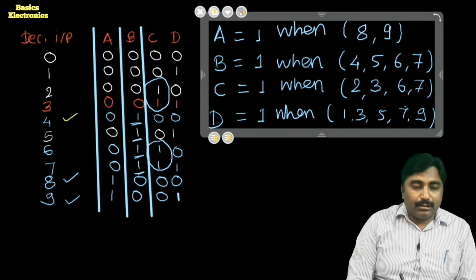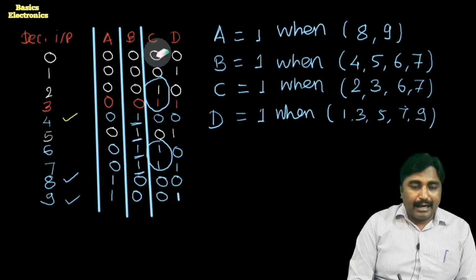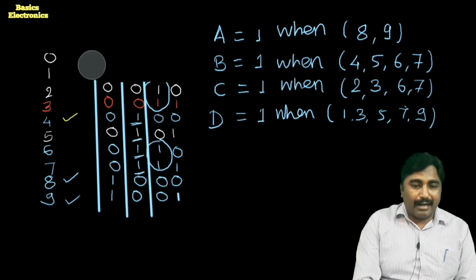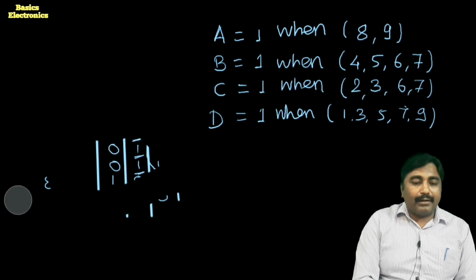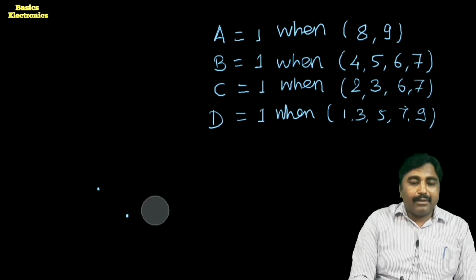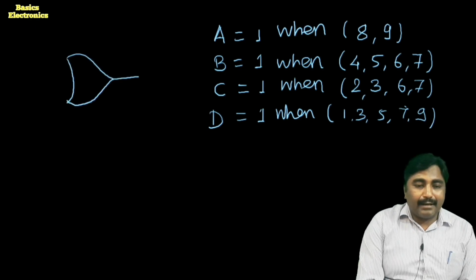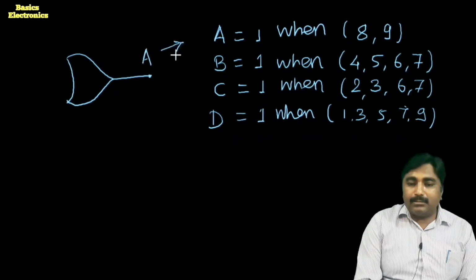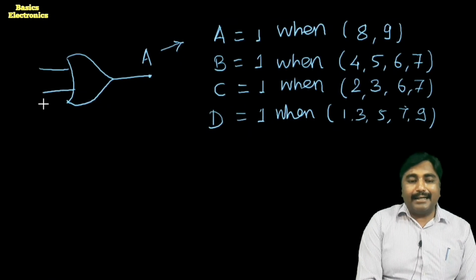Okay, so suppose here we have the gate, and that gate is the OR gate. I am going to erase all this, and I will draw here the A gate. The gate which has the output A. Here this output is the A, and A is equal to 1 when the 8 number is pressed and the 9 number is pressed.